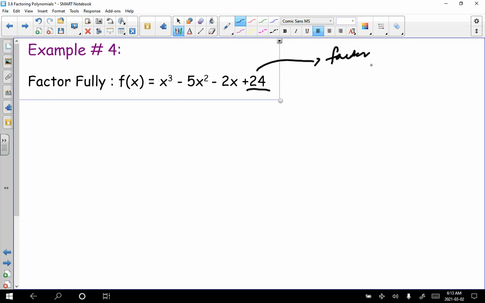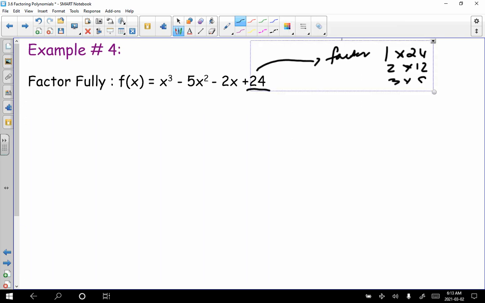So 1 times 24 is 24, 2 times 12. There's so many factors, right? 3 times 8, 4 times 6. And there's also the negative factors, like negative integers. So we're going to start with the small numbers.